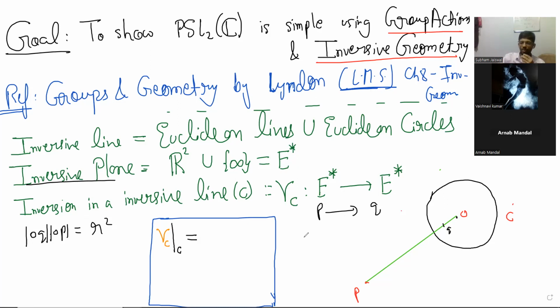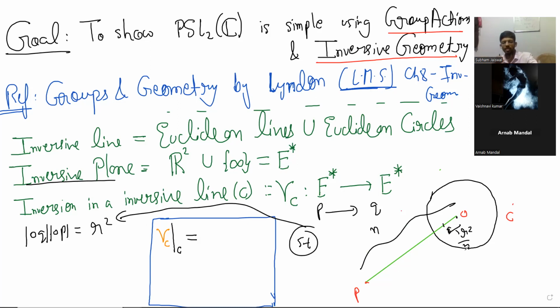So P goes to Q such that this condition is satisfied. If the distance is N, then you take 1 by N, and the product becomes 1. If this distance is N, then you take this distance to be R squared by N. You can always do it. Right? So is the definition clear?